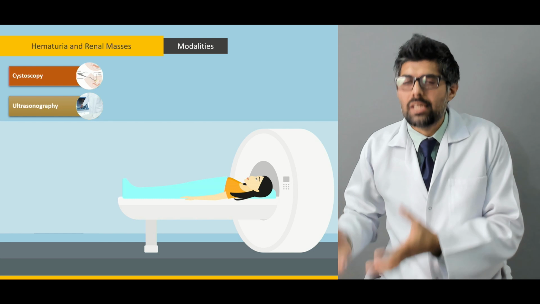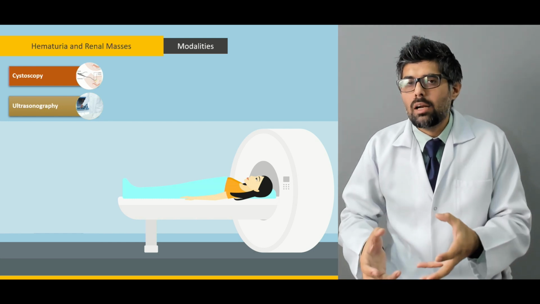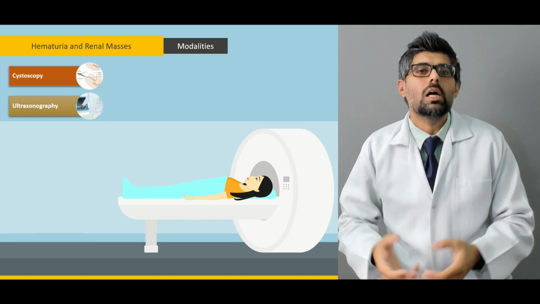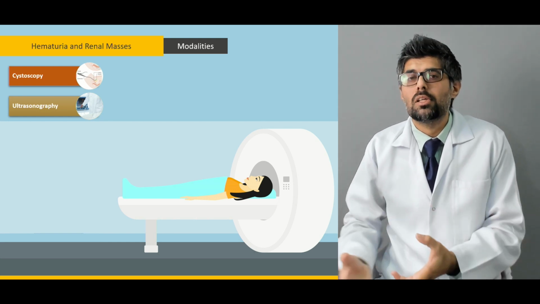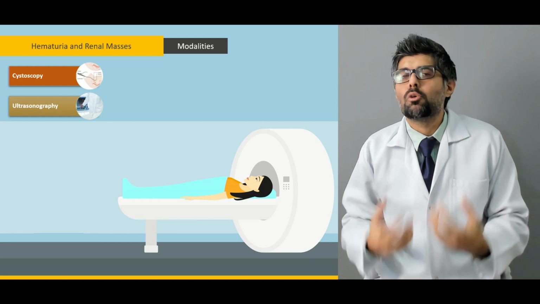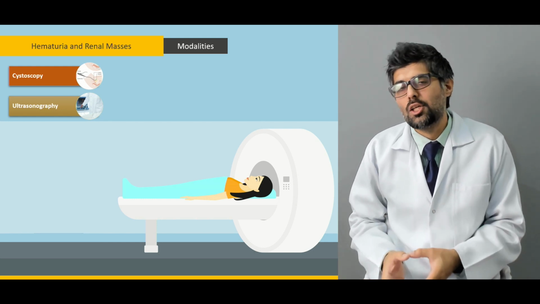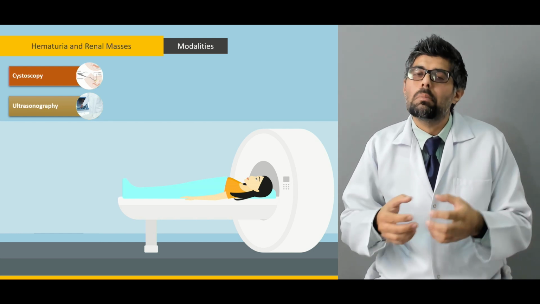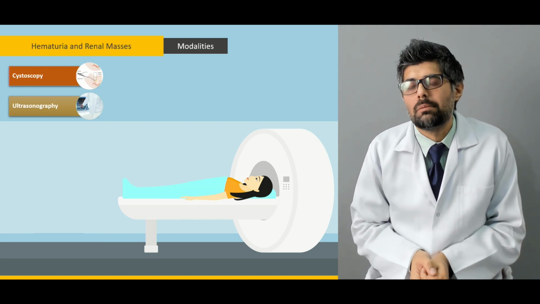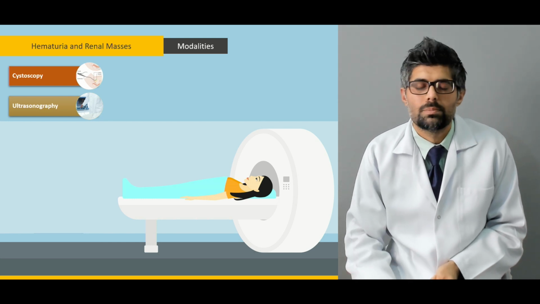Though it has its limitations, and if the bladder is full, it might give an acoustic shadow which might limit further investigation. It is routinely used for the examination of the kidneys, not the urinary bladder.